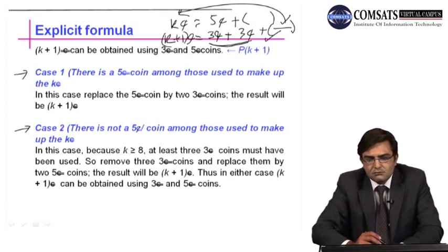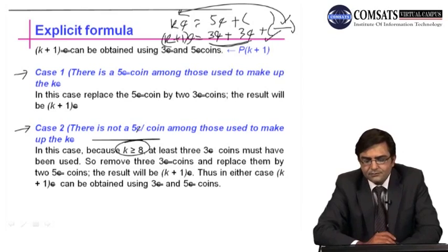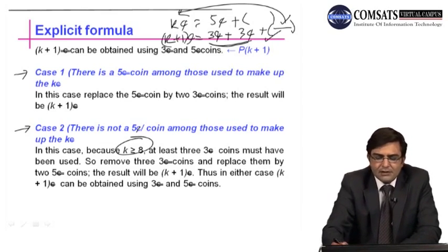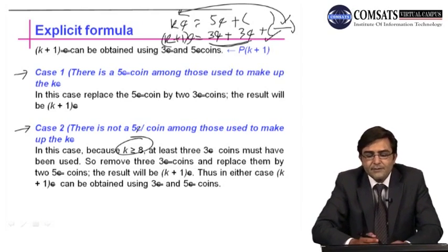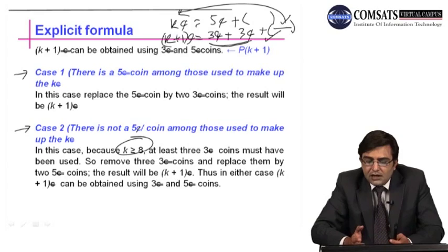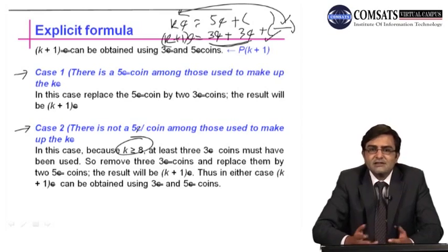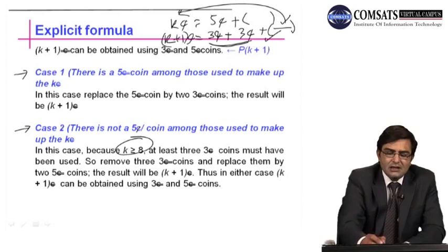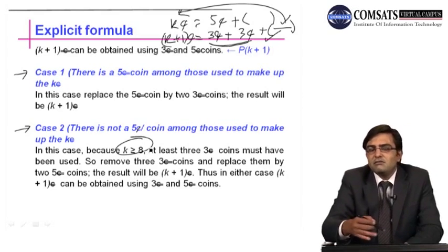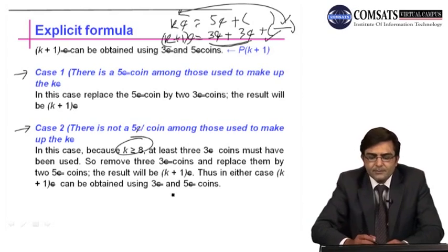In this case, because k is greater than or equal to 8, at least 3 coins must have been used, because we cannot obtain an integer greater than or equal to 8 by using 2 coins, because 3 plus 3 is 6. So this integer, we suppose that it is greater than 8.